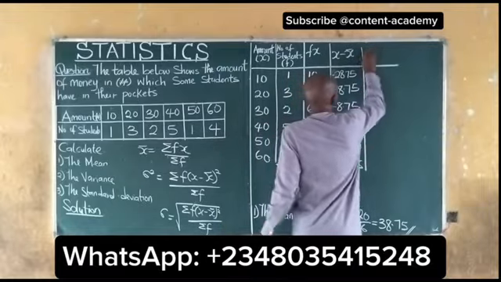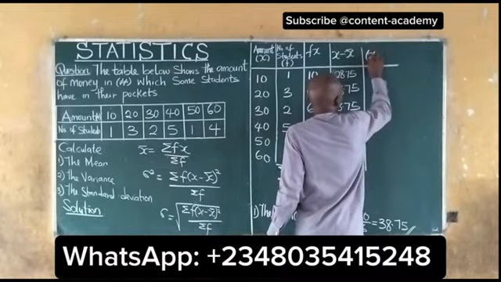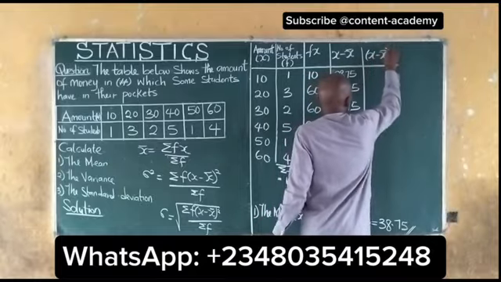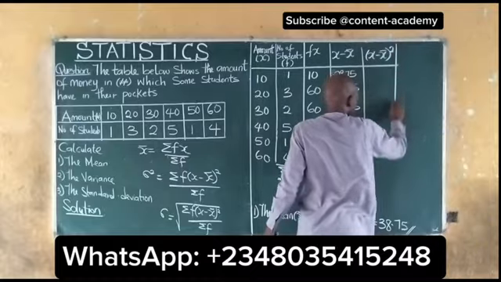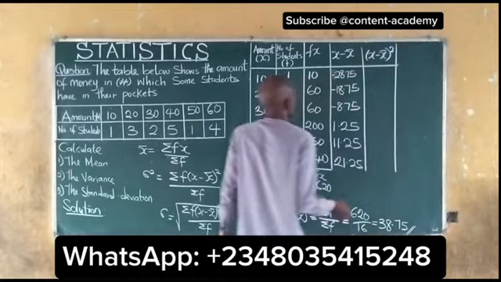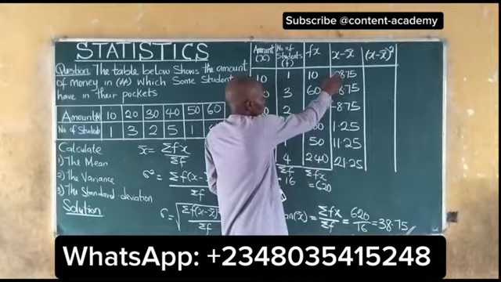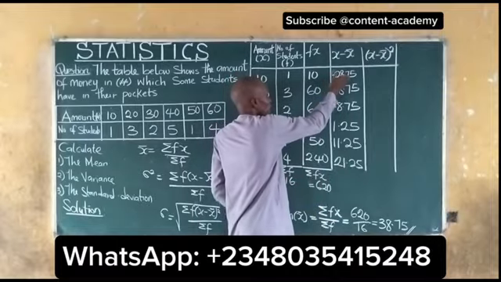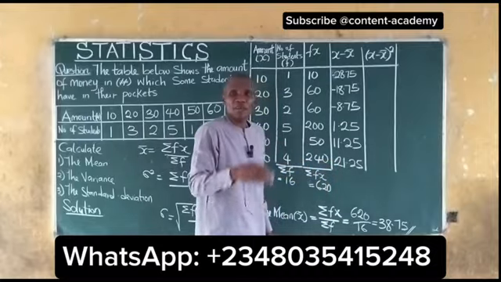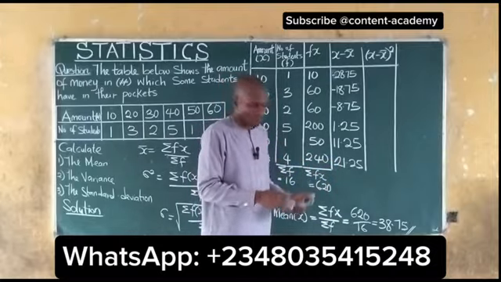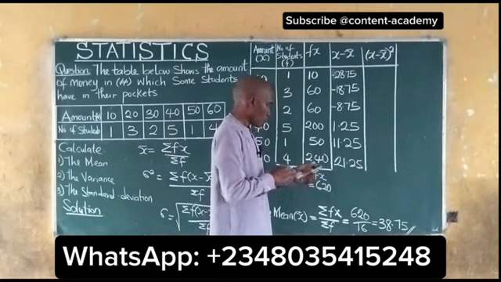Now, we also have x minus x bar all squared. So it means we have to take the square of this. That means negative 28.75 multiplied by negative 28.75 will give us a positive value.